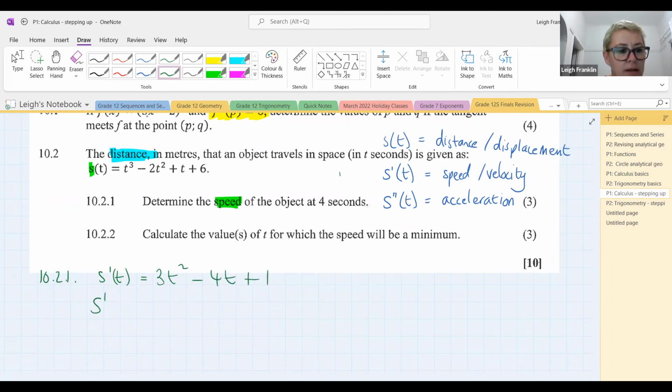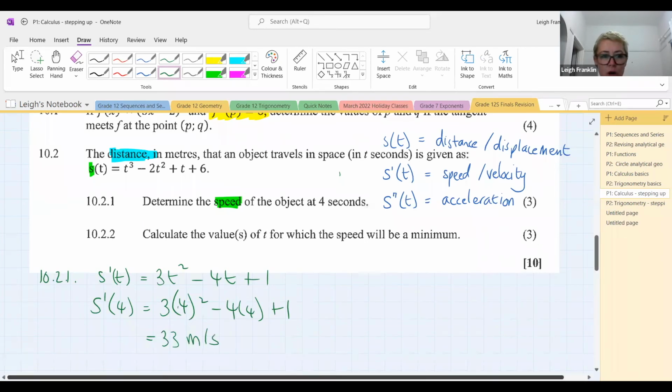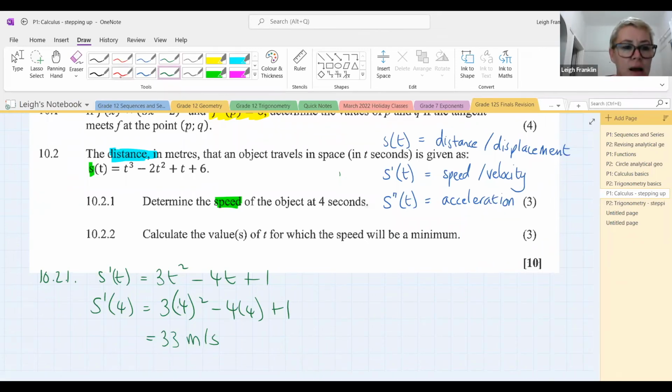Then we're subbing in s prime 4, where time is equal to 4. So 3 times 4 squared minus 4 times 4 plus 1, and that's where you get the 33 meters per second from. Good job. That was out of 3 marks: 1 mark for the derivative, 1 mark for subbing in, and 1 mark for the answer. On to the next question.